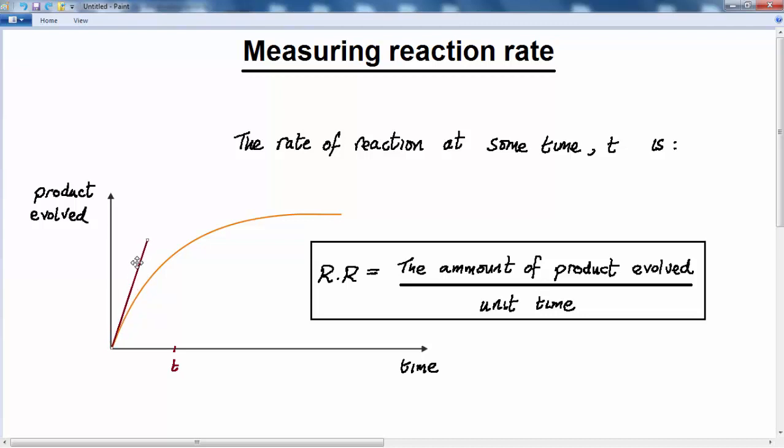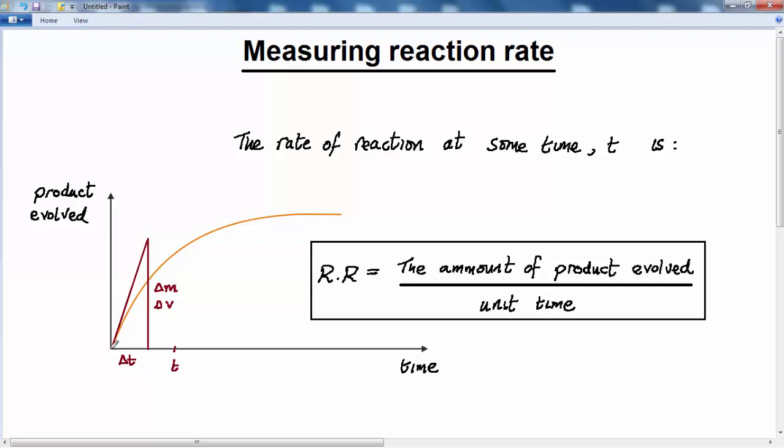Okay, that's the slope. And then what I need to do is to determine the vertical change. This might be a change in mass, or it might be a change in volume, for example, and divide that by the change in time, which is the change along the horizontal axis. That's delta t.